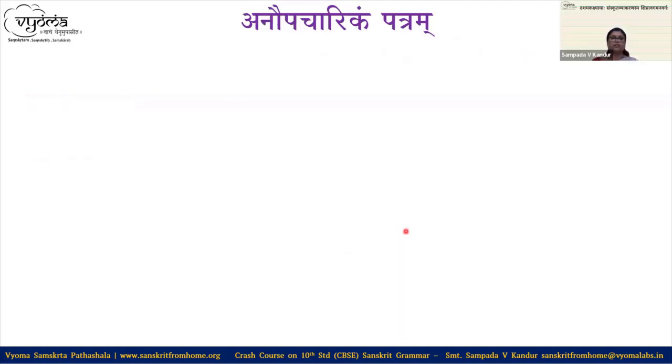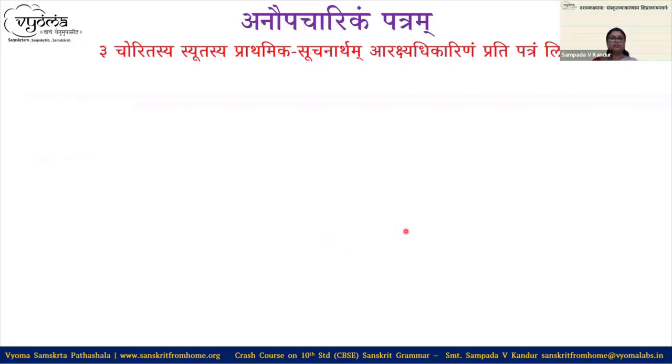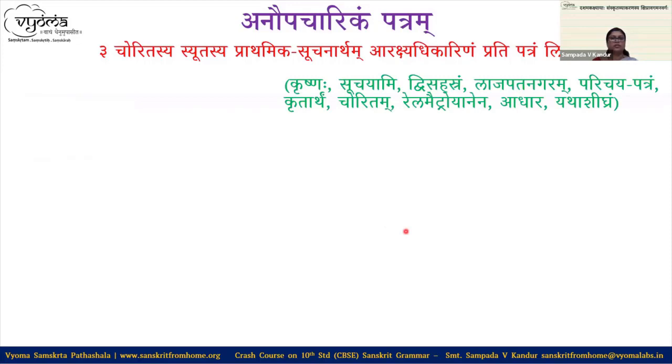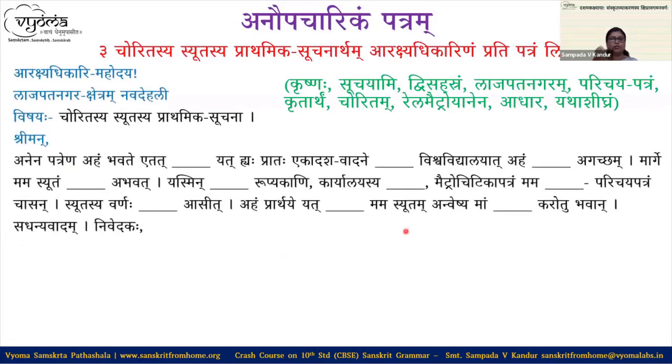Very good. Okay. So one more. Here again there is one typo error. This is Aupcharik Patram. Okay, it's not Anaupcharik. This is a formal letter. Choritasya Syutasya Prathamik Suchanartham Arakshadikarinam Prati Patram Likhat. Now you have lost your bag. Okay, somebody has stolen it.